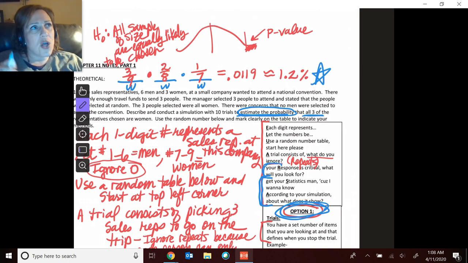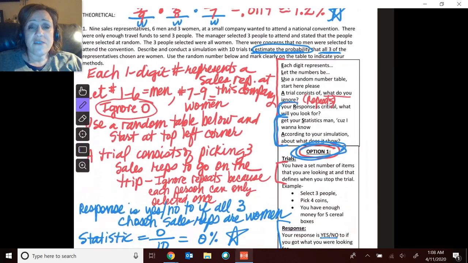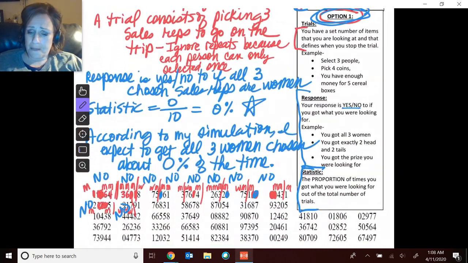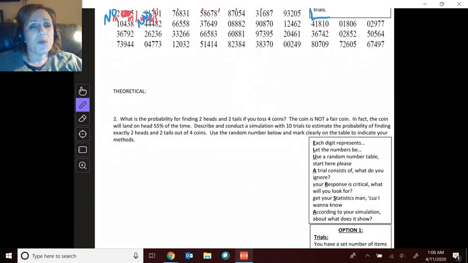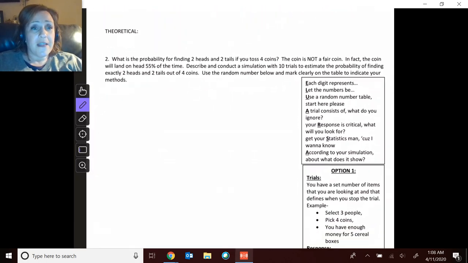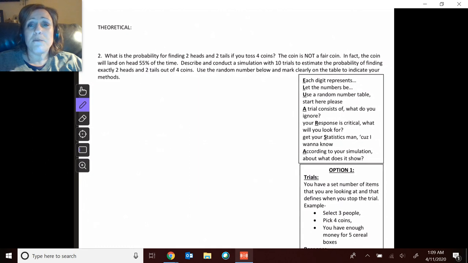What is that called? The cumulative probability will settle down to the true probability. The law of large numbers. So if we did many more trials, it would settle down to about 1.2%.